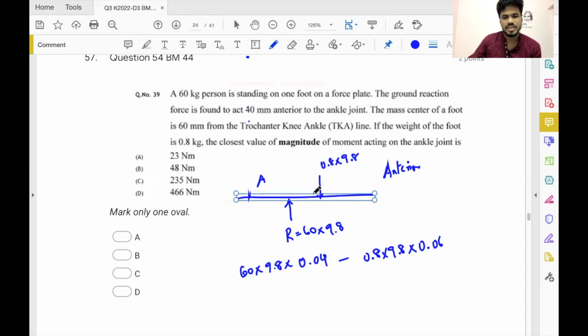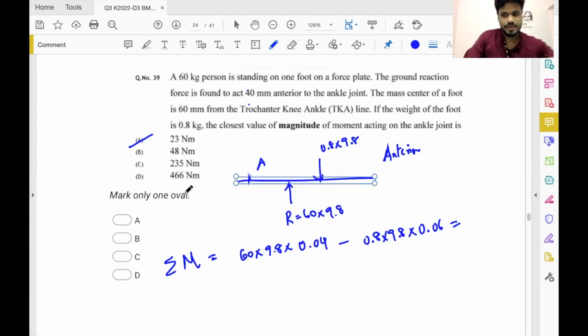Subtracted because one is counterclockwise, the other is clockwise. So this is the net moment. This should be close to 23. Notice compared to 60 kg, this is hardly providing any moment. Even if you just calculate this value, you could answer this.